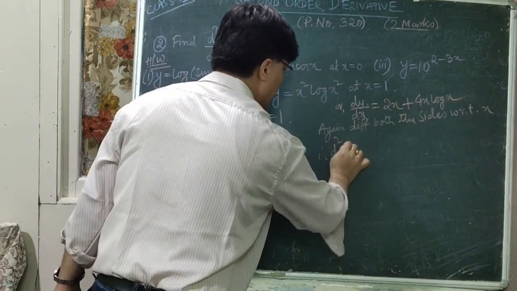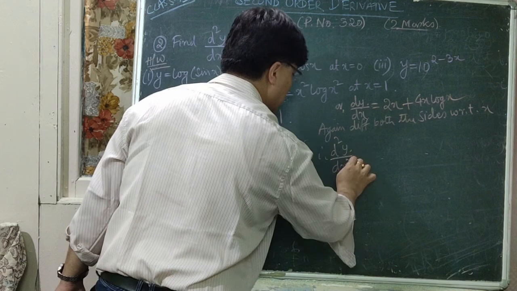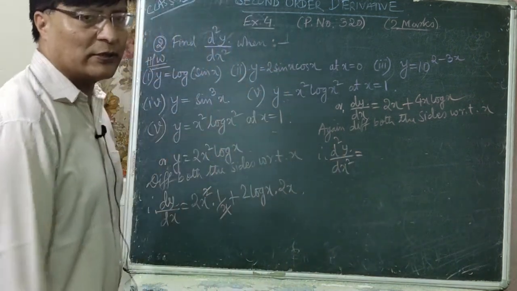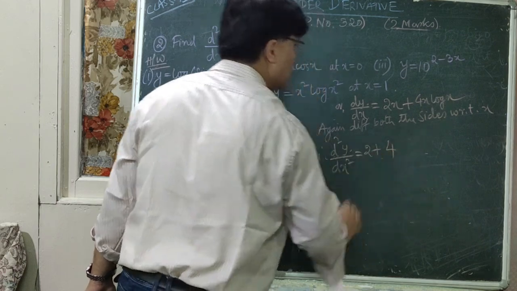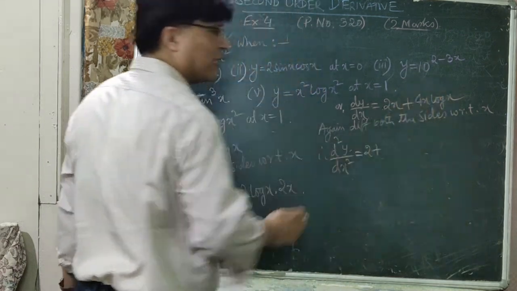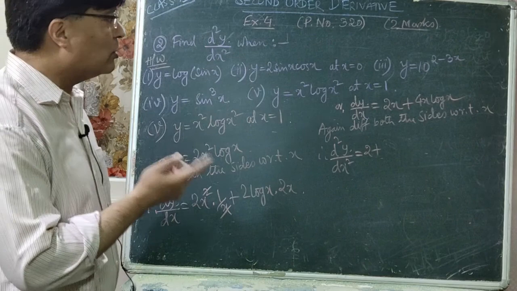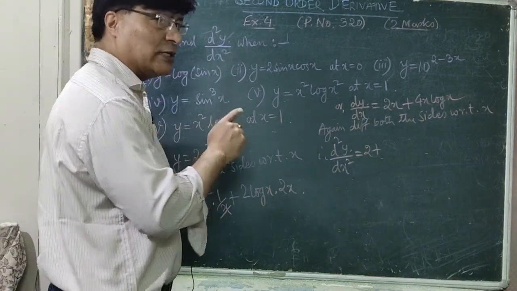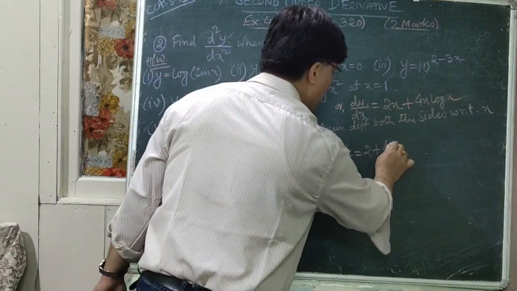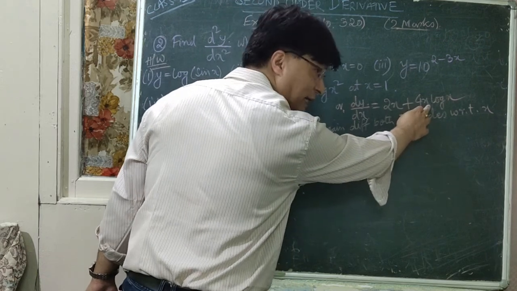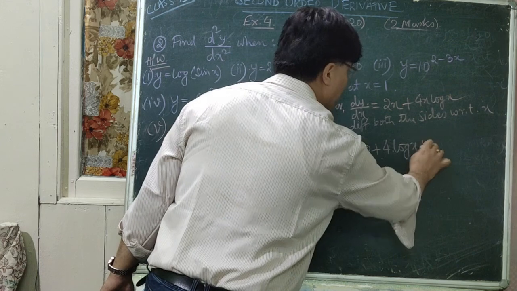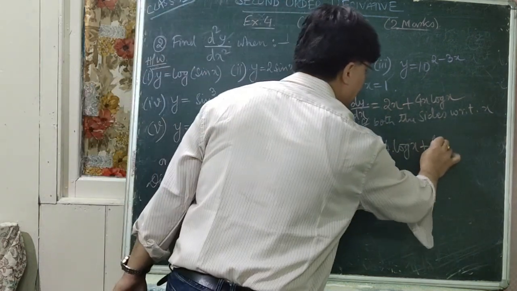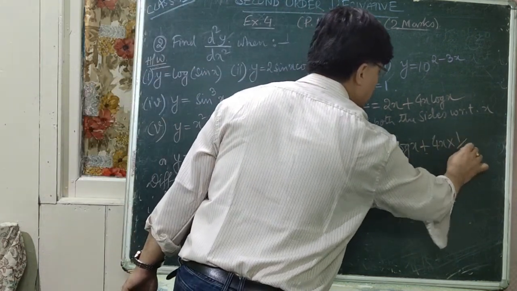So therefore this is your d2y by dx square is equal to, what is the differentiation of 2x? It is only 2 plus, now in this case 4x log x. For this you have to use UV rule, but 4 is constant, it remains as it is. 4 into, what is the differentiation of x? 1. You don't have to write 1. Log x is kept as it is, plus again 4x is kept as it is, into what is the differentiation of log x?